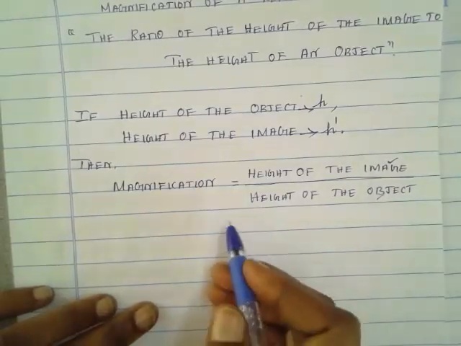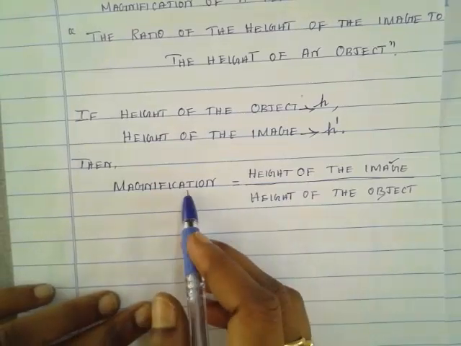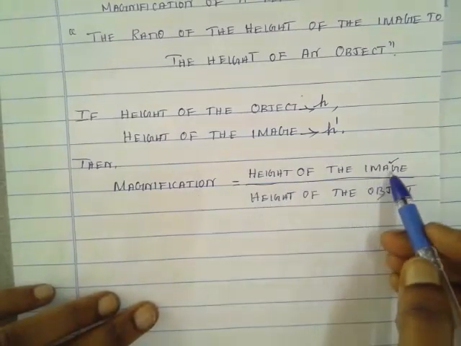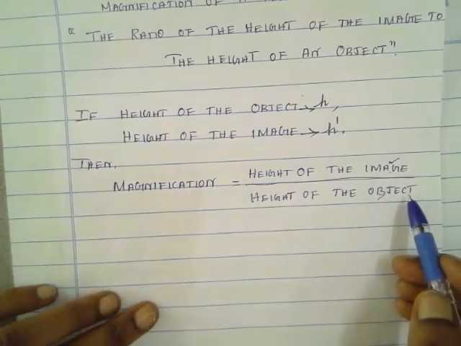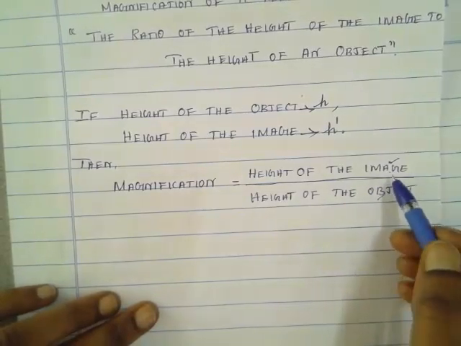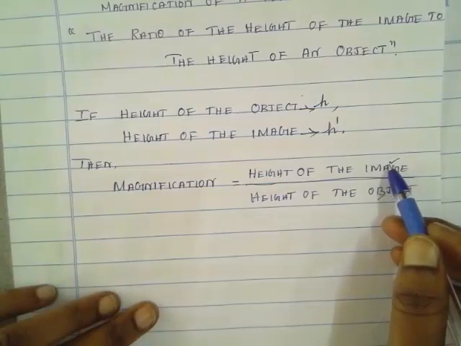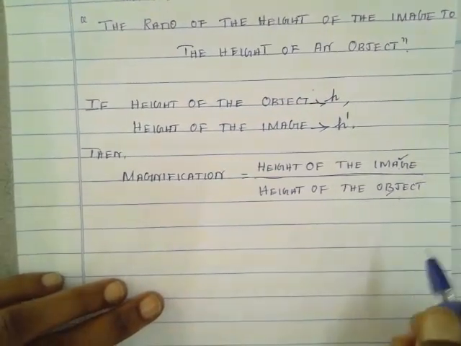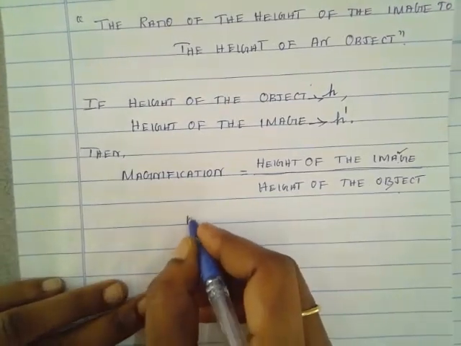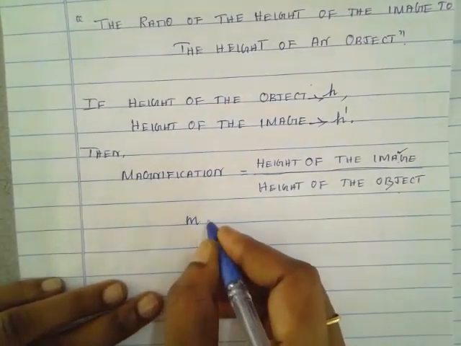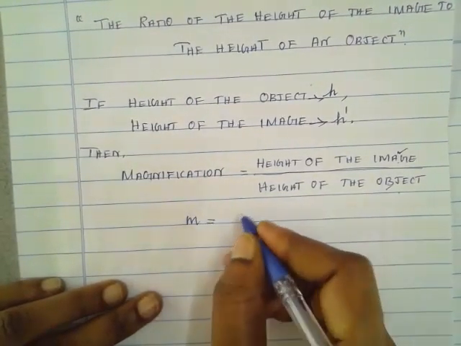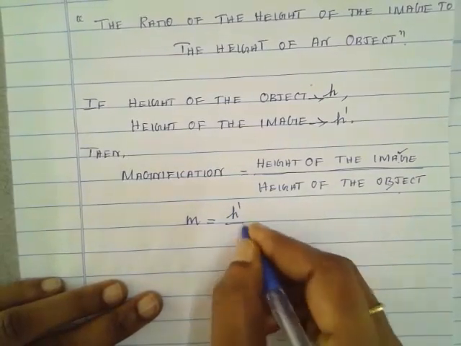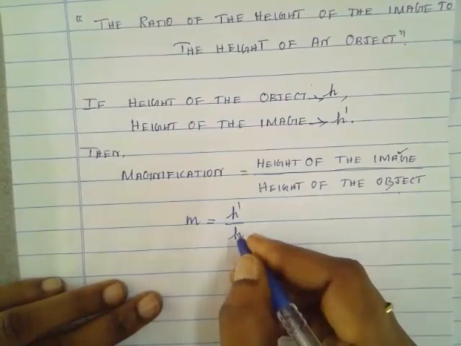Therefore, to determine the magnification of the lens, we take the height of the image divided by the height of the object. That is nothing but height of the output divided by height of the input. In other words, the magnification of a lens, represented by small m, is equal to h dash divided by h.